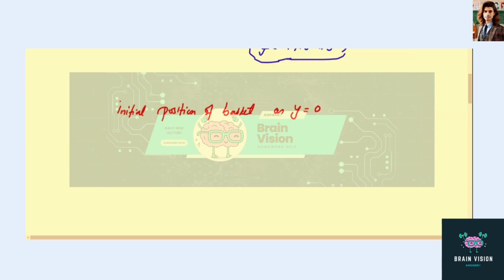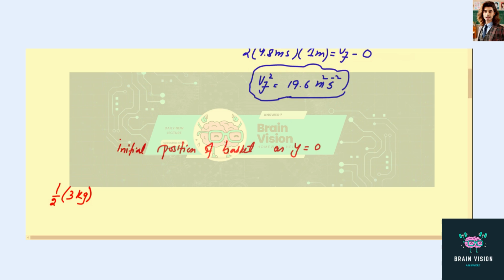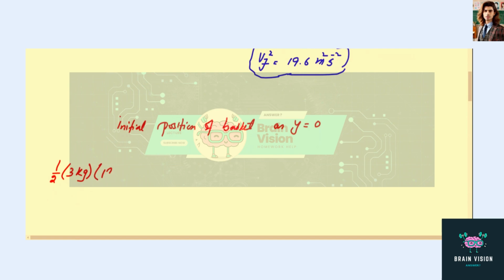So the initial kinetic energy of the brick is half into the mass of the brick, 3 kilogram, into v square, which is 19.6 meter square per second square, plus the initial gravitational potential energy of the brick, which is equal to 0, as we have chosen the position of the basket as y equal to 0, plus there is no expansion in the spring, so the initial elastic potential energy of the spring is also equal to 0.